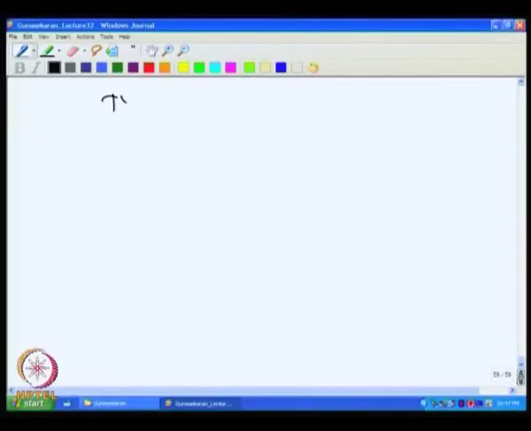Let us see, if I want to convert analog into digital, what options are available so that I will get a digital value corresponding to the analog input. Let us see the types of converters available.